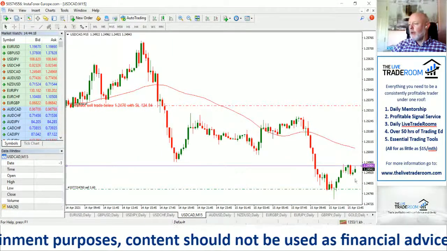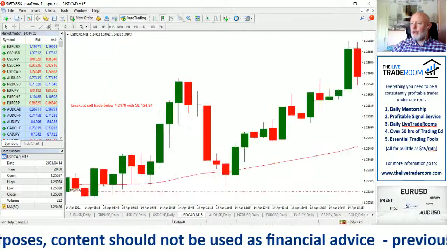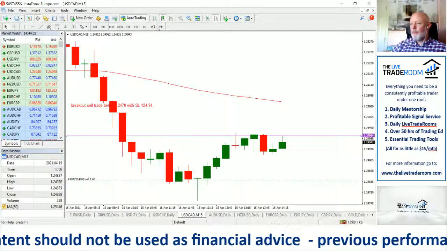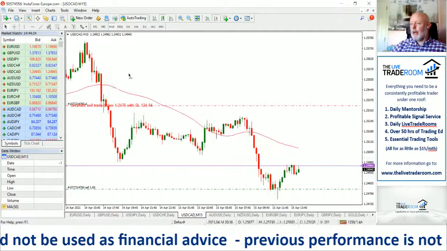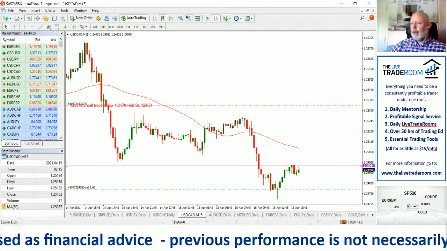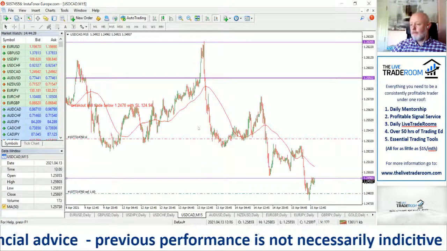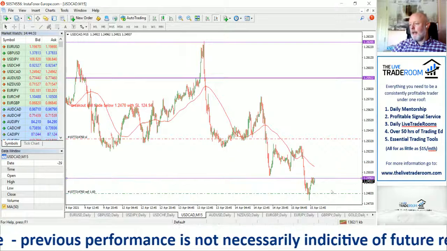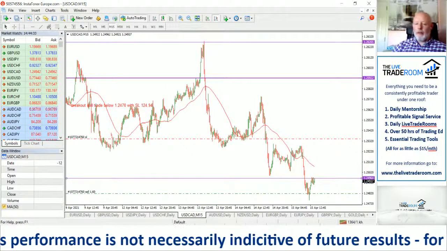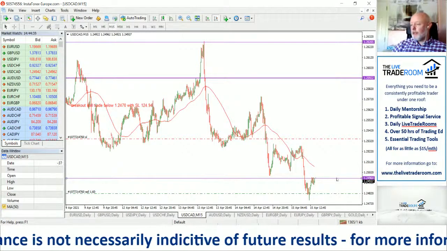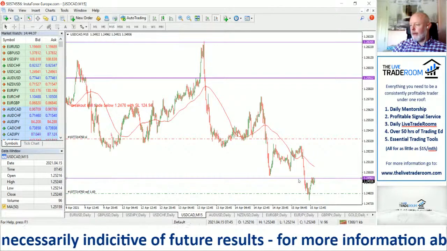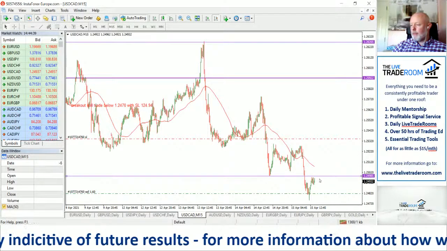With these retail sales figures coming out shortly, we'll see how these markets react. But without doubt, the trend is definitely to the downside, and we might have to put up with a little bit of further sideways moving price action, but the momentum is very much lower.